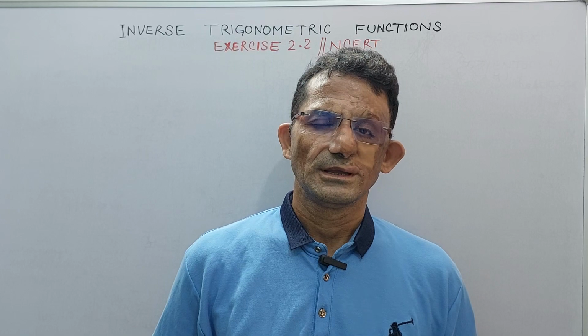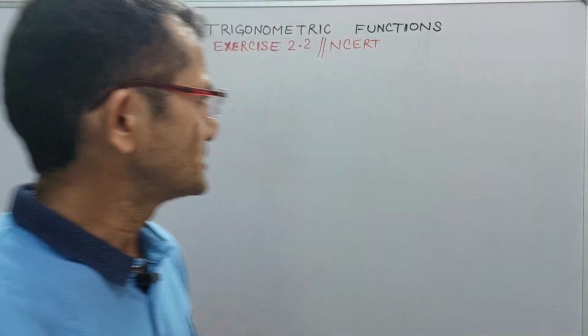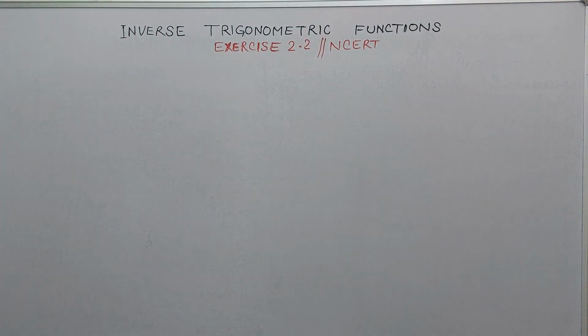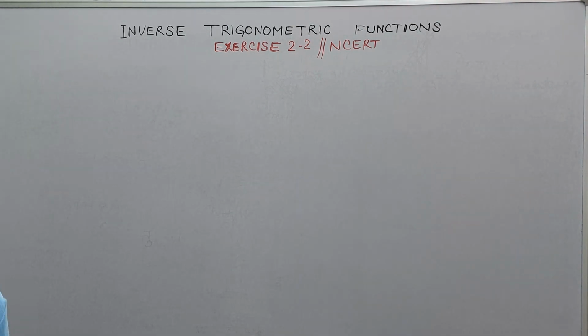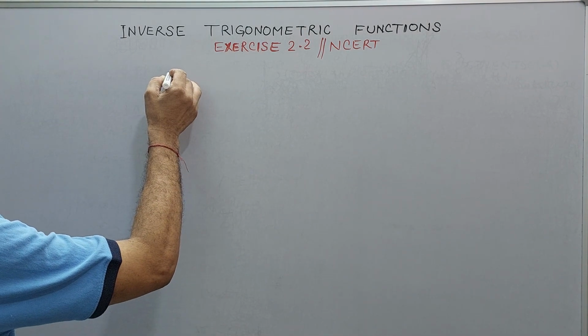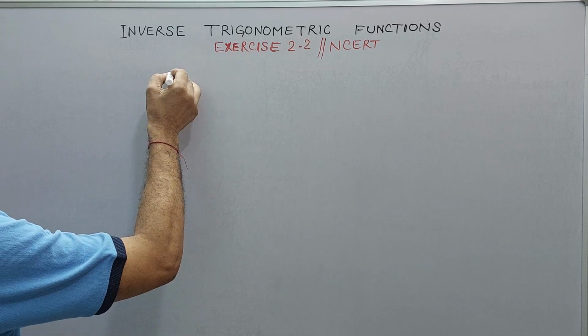We are going to start exercise 2.2 inverse trigonometry, and we will start where we stopped in the last class. In the last class, we did till question number 7. Now, question number 8: find the value of the following function. Question number 8 of this exercise 2.2.